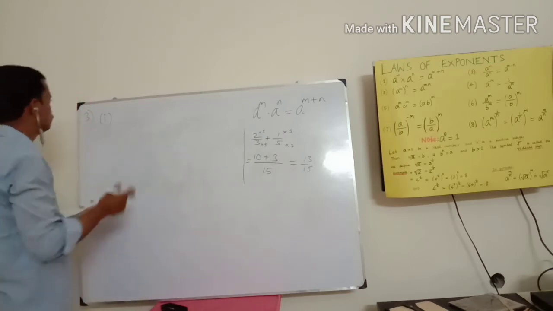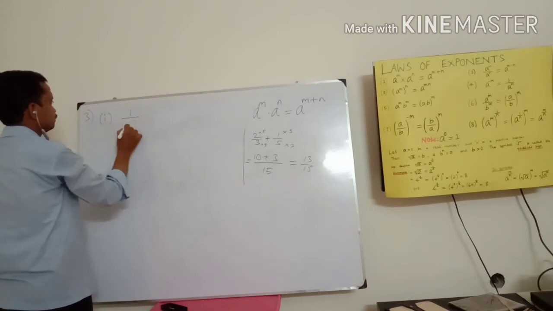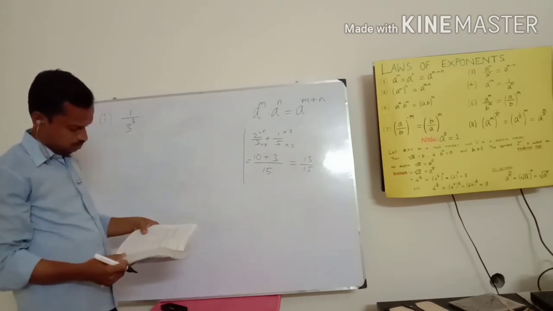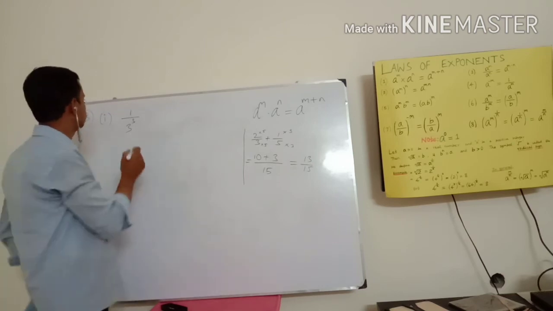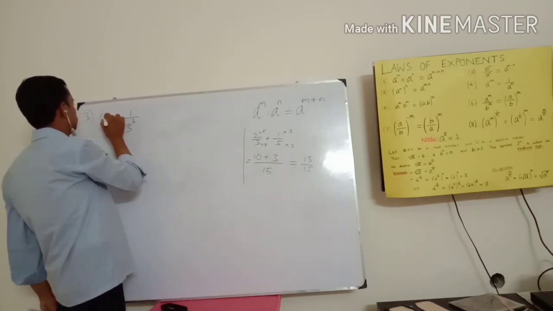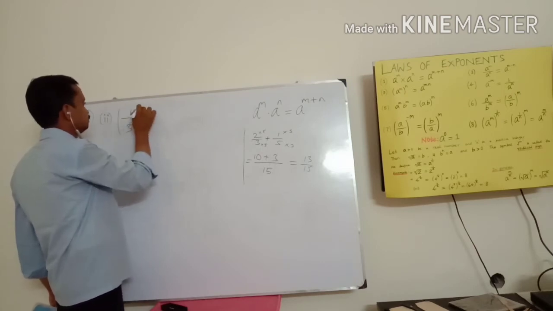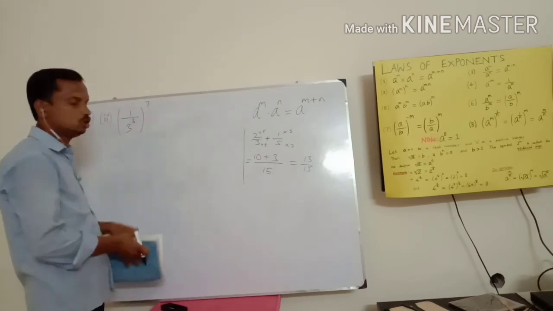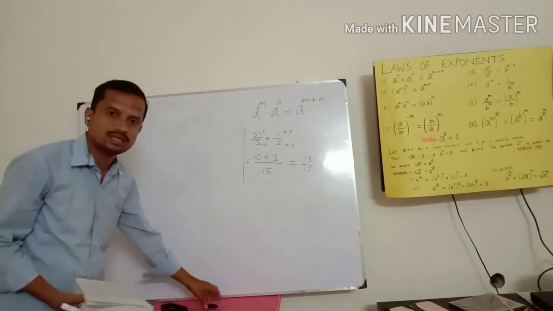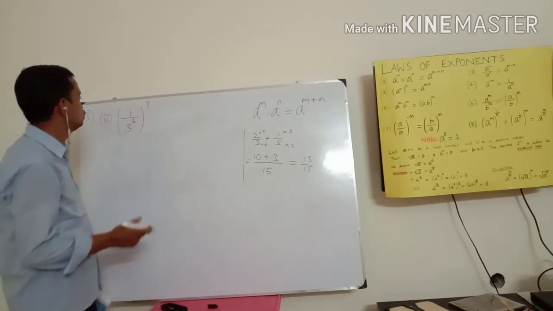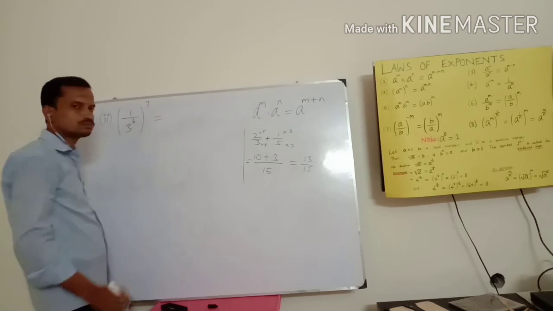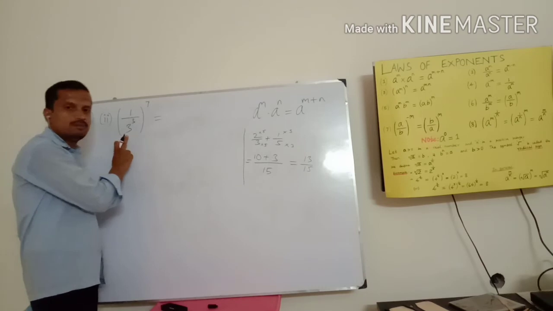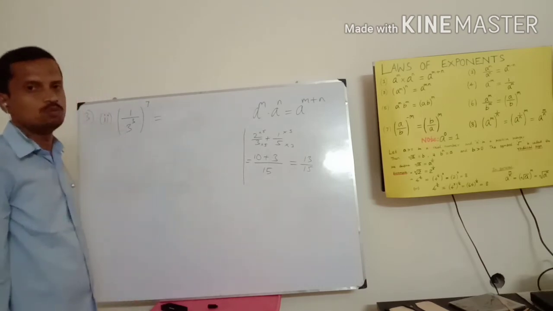1 by 3 cube whole to the power 7. So it is given that 1 by 3 cube whole to the power 7. So how to do this? So the numerator here 1 and the denominator here 3 cube.